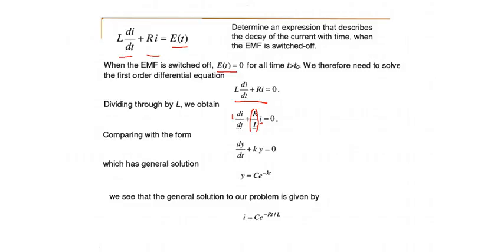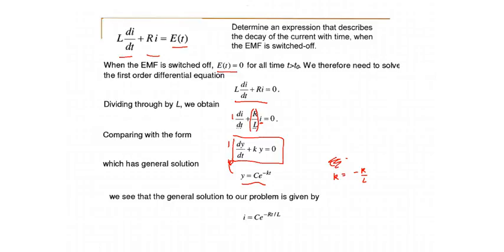So we're trying to make our equation look like a first order differential equation where we've got 1 in front of the leading derivative term, and we can go back to our general result a few slides ago, where we know that if we put this expression into this equation, it will work, where the K is going to equal minus R over L, the term in front of the variable that you're integrating.